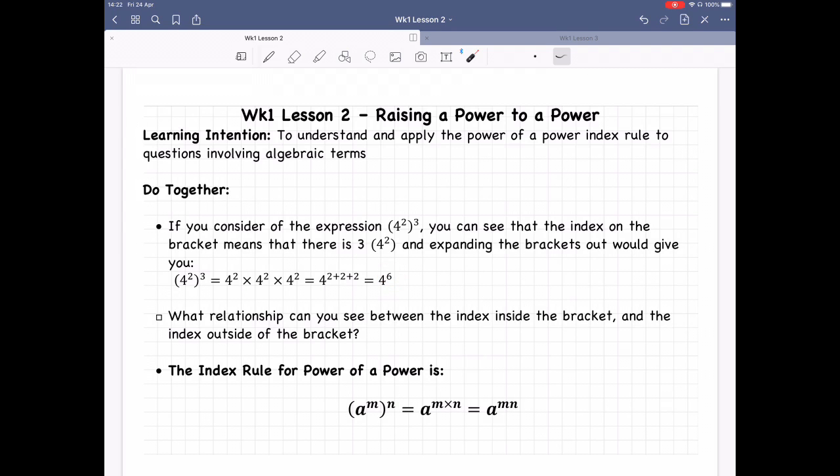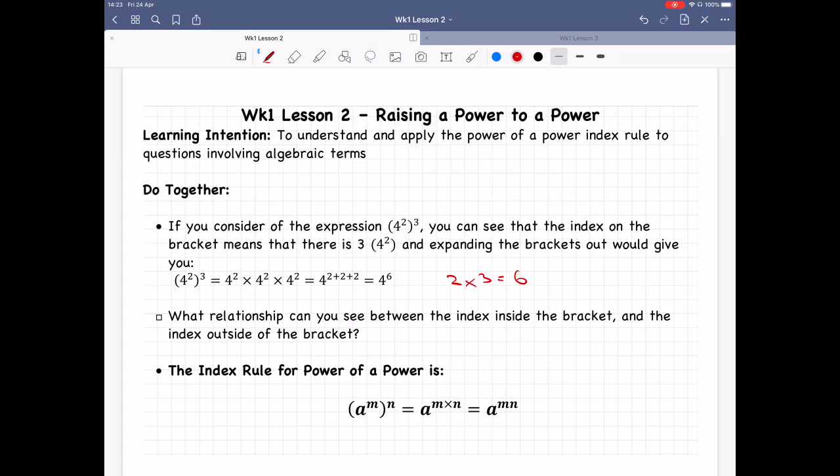So as we did previously, let's look at what the relationship is between the two powers that we originally started with and what our answer has. So what's the relationship between 2 and 3 that's going to give us 6? Well, obviously, we can multiply 2 and 3, and that will give us the value of 6.